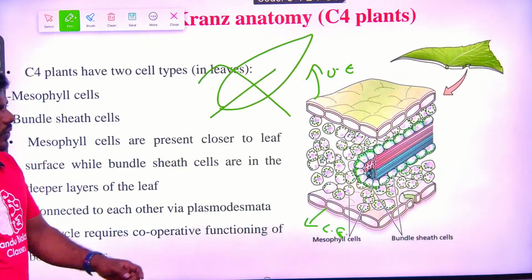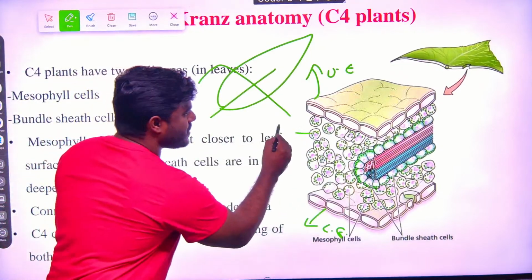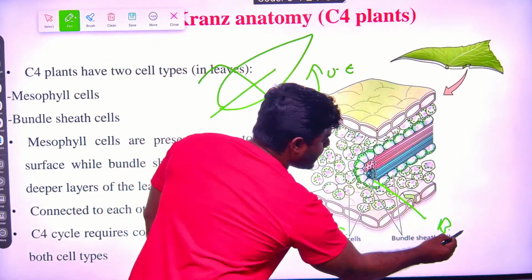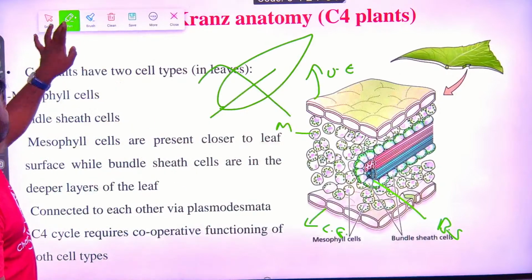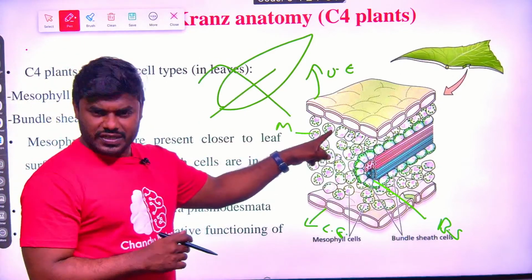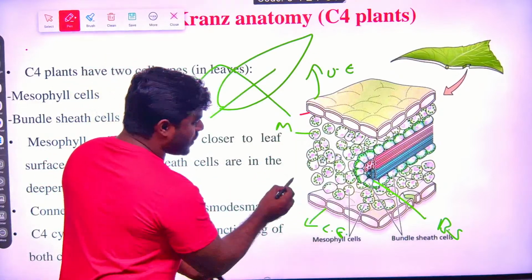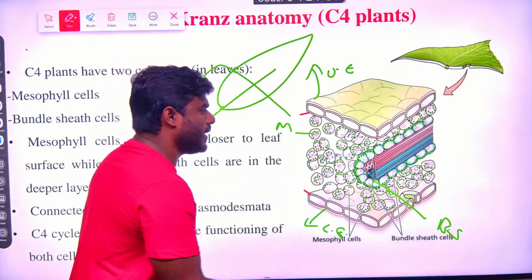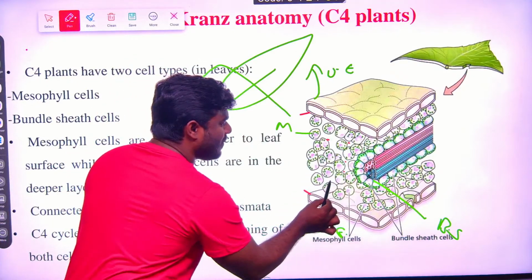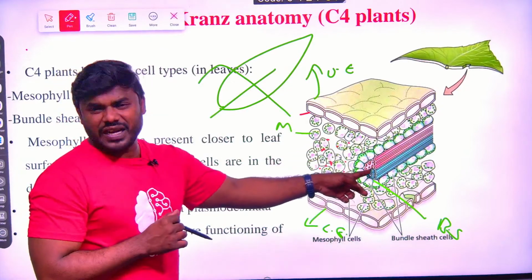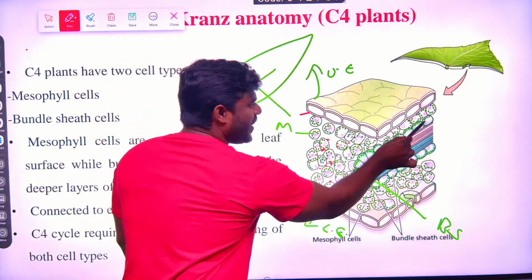Correct? You can see what these cells are? Mesophyll cells. What are these cells? Bundle sheath cells. What's the difference between the mesophyll and bundle sheath? You can observe, mesophyll cells are always located towards the surface. Very important, all the mesophyll cells have lots of intercellular spaces. And you see the bundle sheath cells? They are located much deeper.